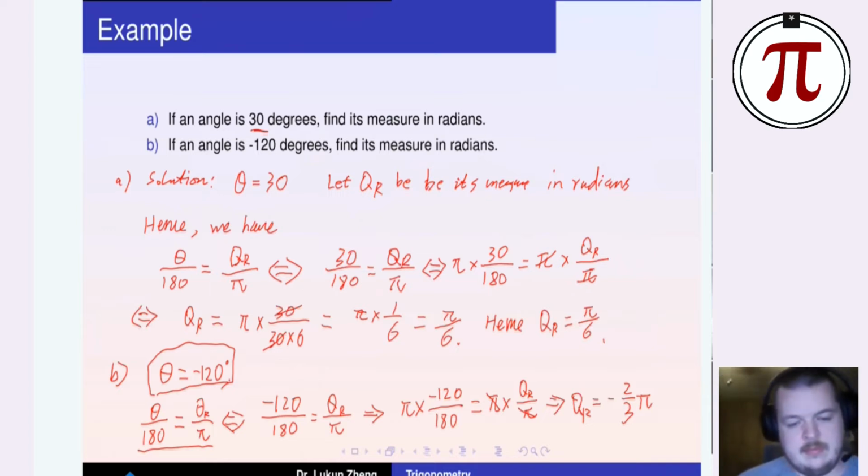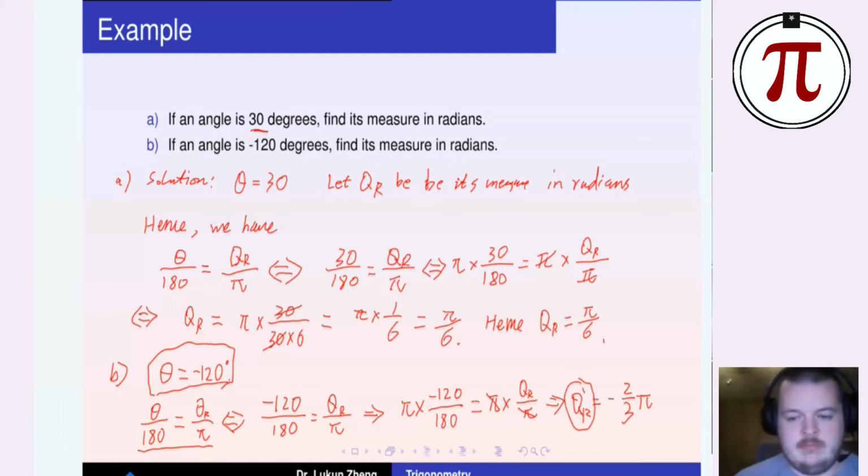Now, if we multiply pi on both sides, pi times negative 120 over 180 equals pi times theta r over pi. So pi and pi cancel out, and that's theta r here. Now the next thing is the product.